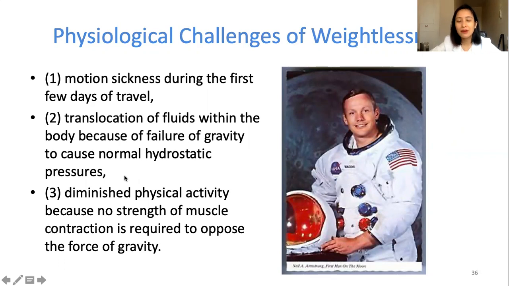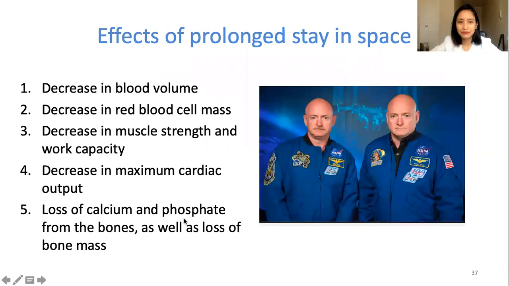That's why astronauts are required to do exercises in space, in order to prevent their muscles from undergoing atrophy. If you stay long enough in space, these are the effects. So these are, I forgot the name of these two astronauts, twin astronauts, and they did an experiment on the effects of prolonged stay in space.